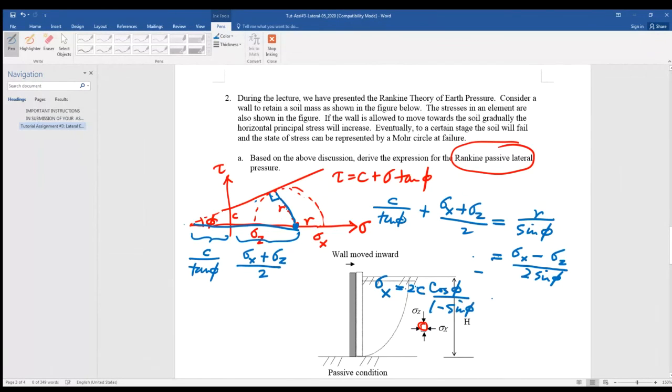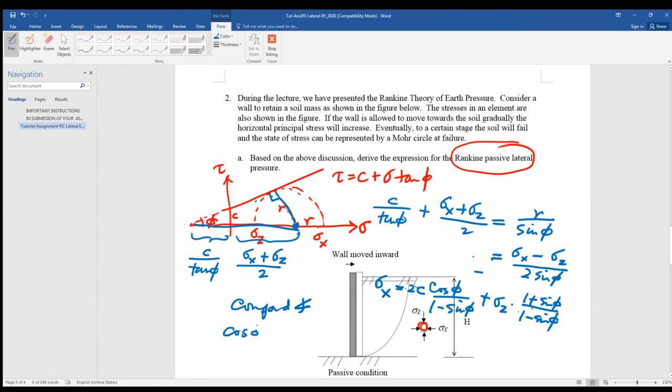And then plus sigma z, 1 plus sine phi over 1 minus sine phi. Okay? And then you have to use this formula. The compound angle formula.